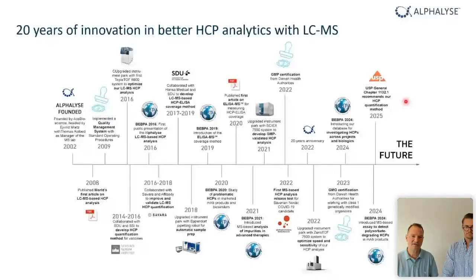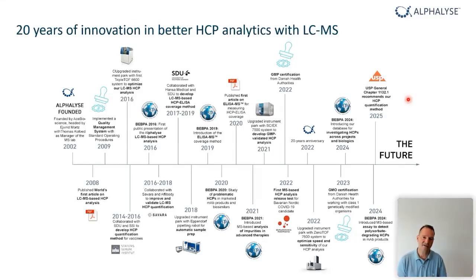So just a few words on why we are here today and why AlphaLyse have come to this place. We have been developing analytics for HCP analysis using mass spectrometry for many years. We had the first scientific publication in 2008 demonstrating how mass spectrometry could be used for HCP identification. In 2014, we started method development on how we could do identification and reproducible quantification using LC-MS.